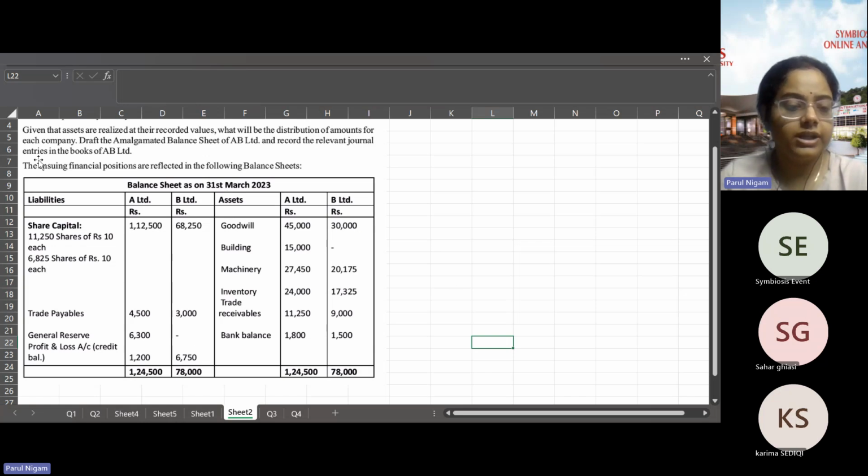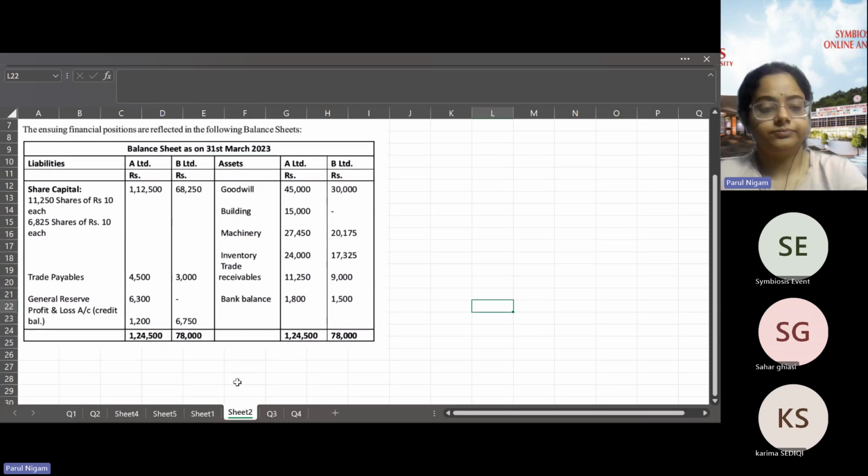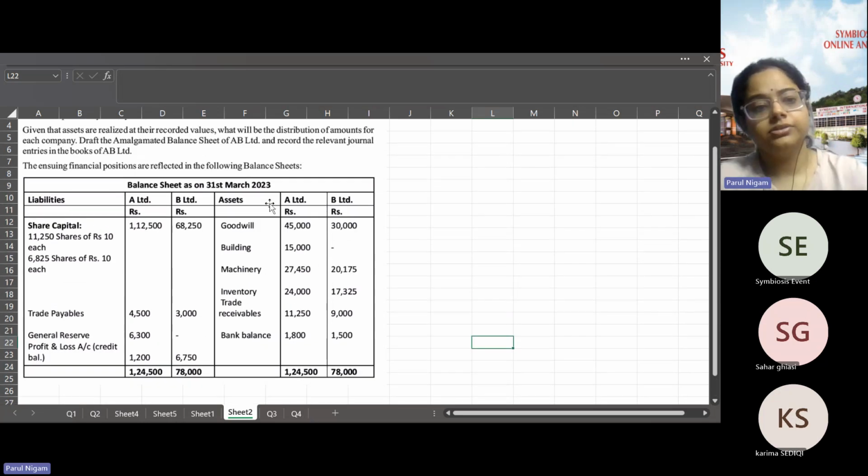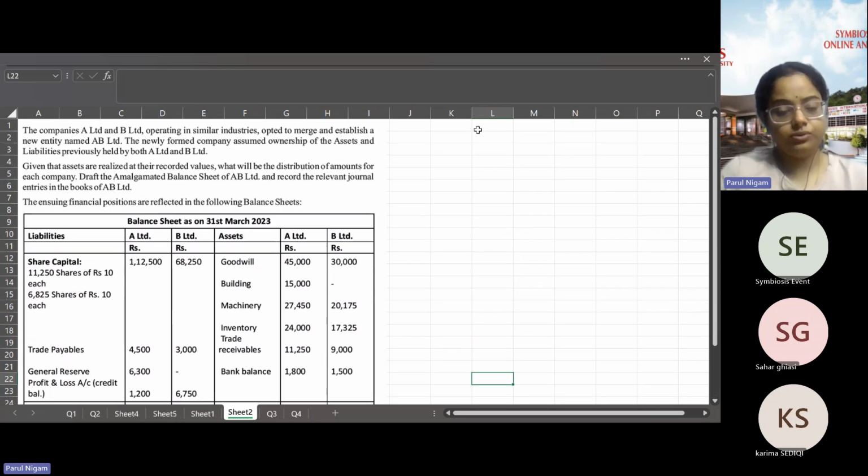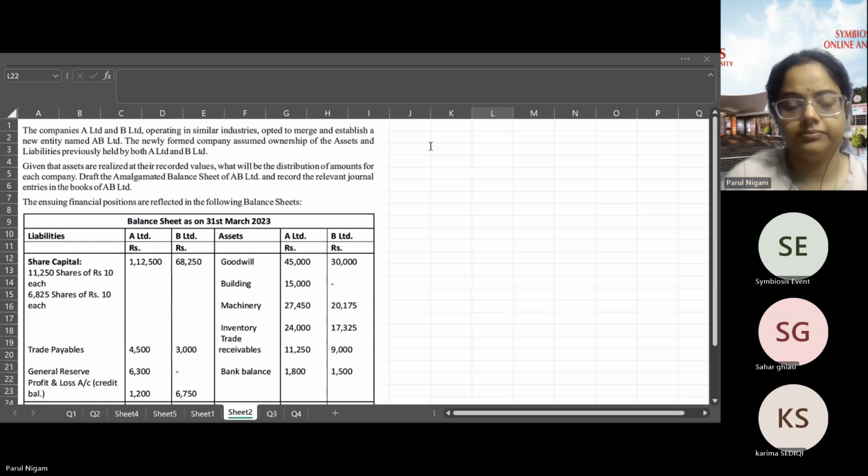So this is the financial position, or you can say the balance sheet, of the two companies which are amalgamating. One is A, one is B. Okay. So you can see these entries. So what should be our first step? Any idea?